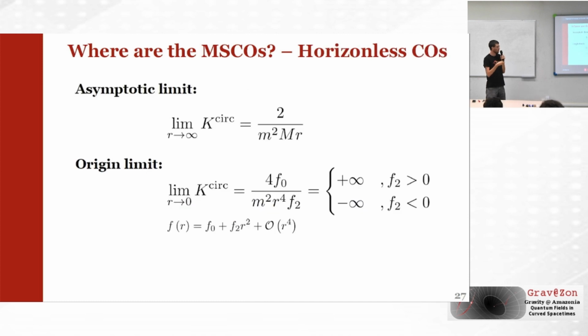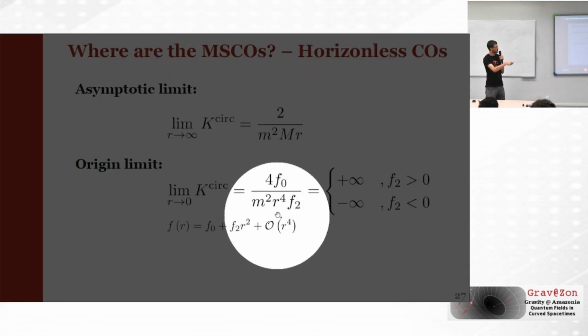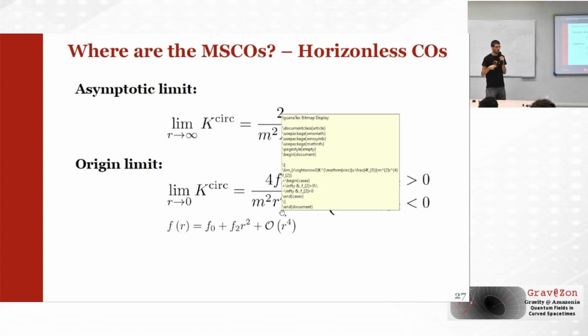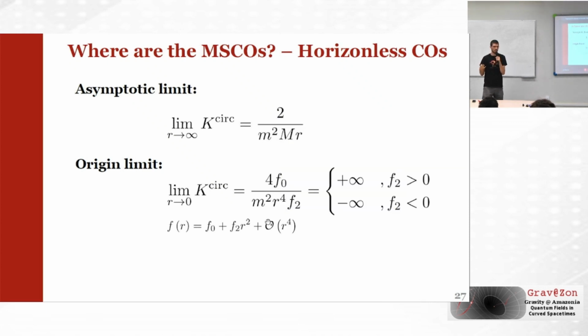And now we have horizonless compact objects. This is more subtle because the origin limit will depend on this coefficient f2, which comes from the Taylor series expansion at the origin of the g_tt component of the metric. And if f2 is positive, then the Gaussian curvature will diverge to plus infinity, and if f2 is negative, it will diverge to minus infinity.